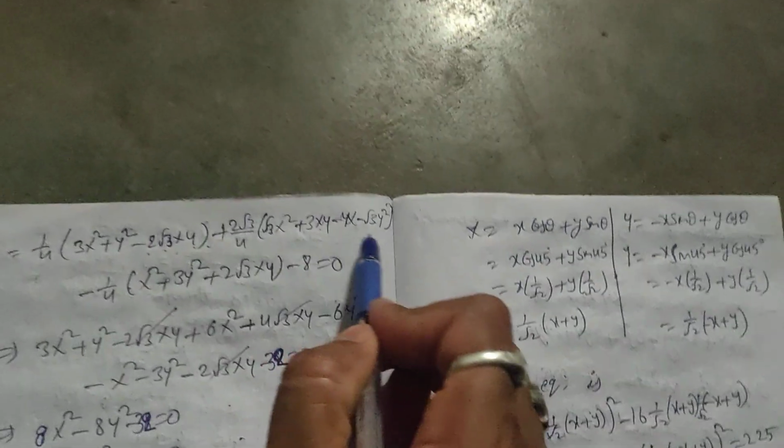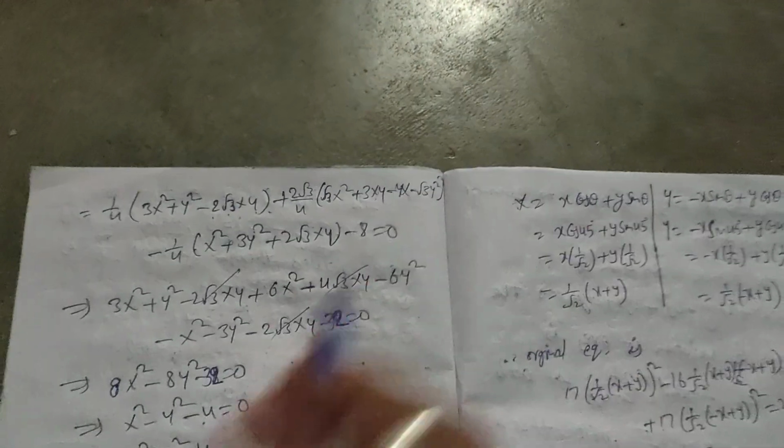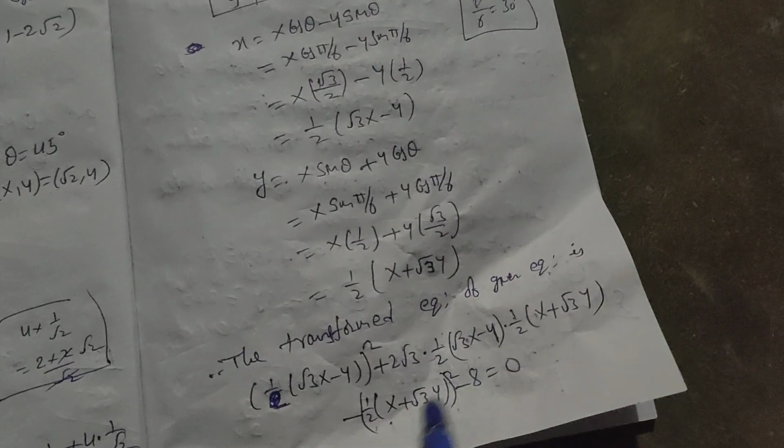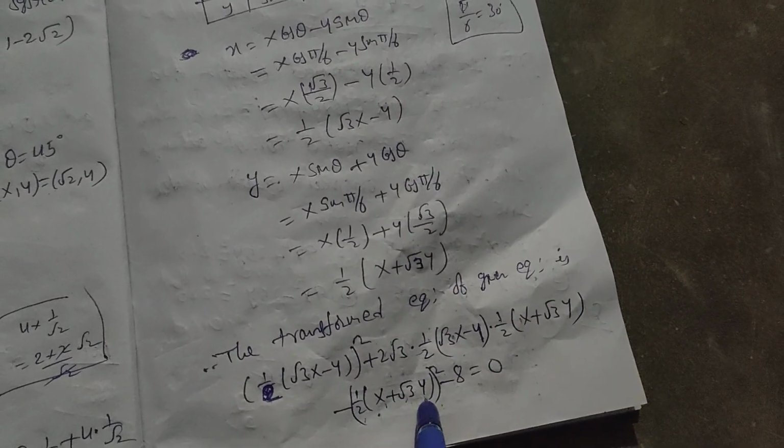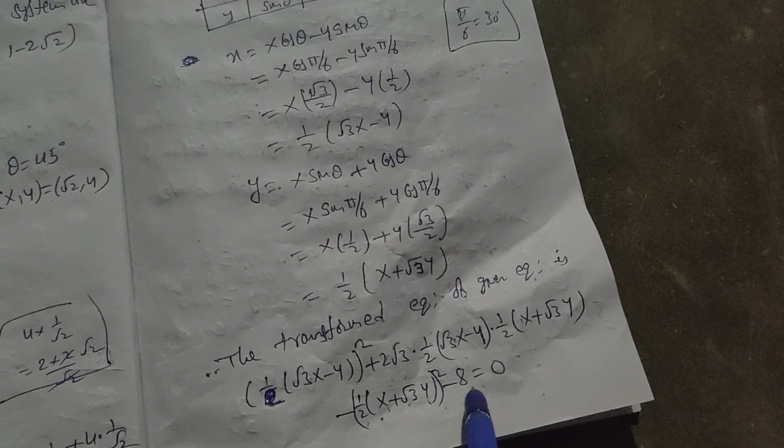Minus 1 by 4 into x square plus 3y square plus 2 root 3 xy, minus 8 is equal to 0.